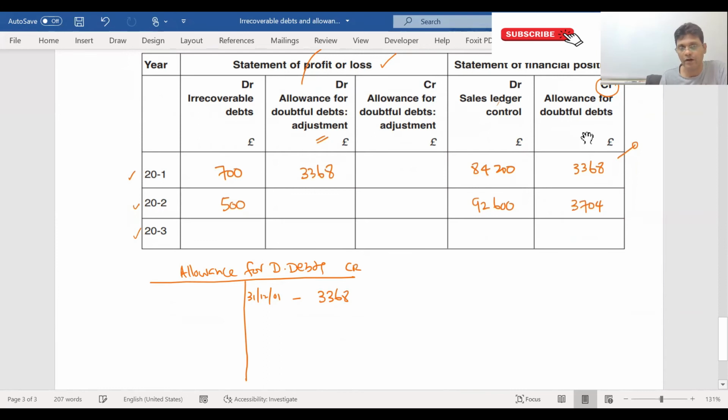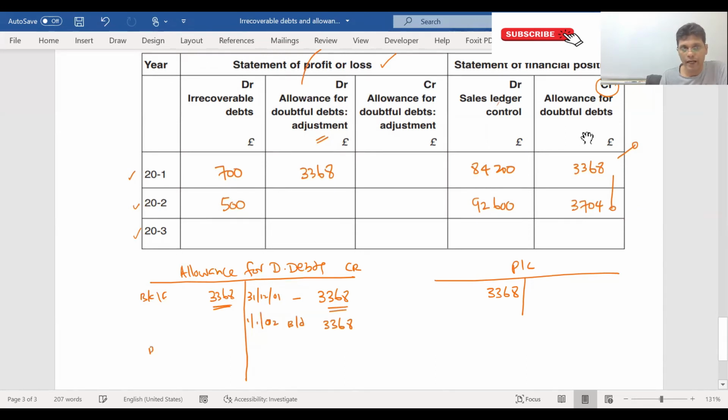We credited this account and we debited our profit and loss account 3368. Now this balance will be carried forward to the next financial period. Then 1st January 2002 brought down balance 3368.